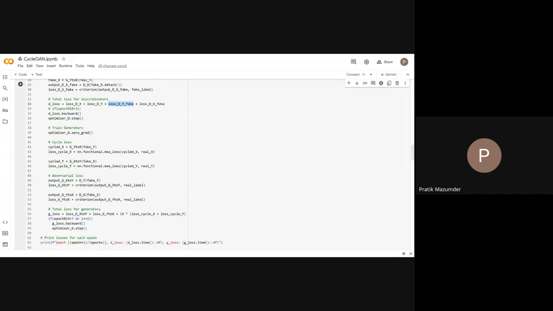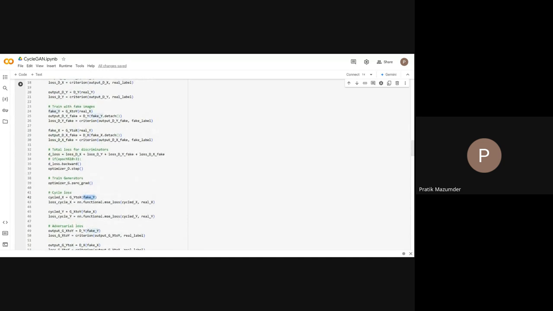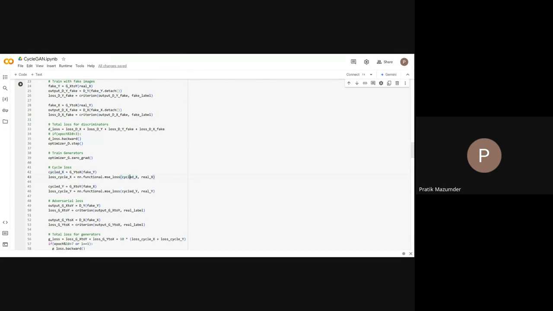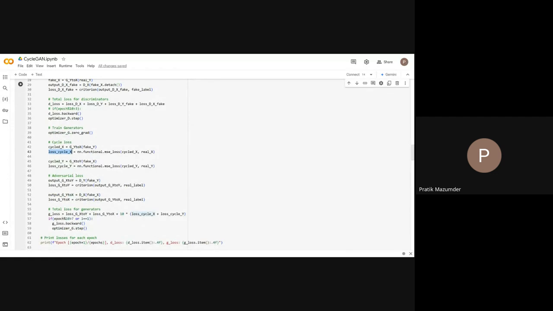For the generator, you can take the fake y that you generated over here, which was generated from a real x, you went to y. Now you can get back the reconstructed x and apply a loss on top of the real x and the reconstructed x. That will be your cycle loss. And you can do the same cycle loss for the other domain as well.